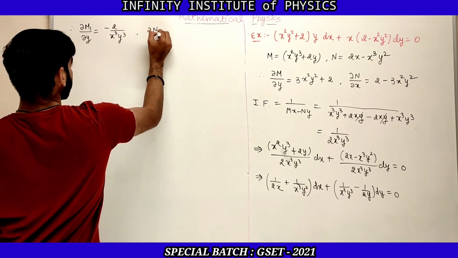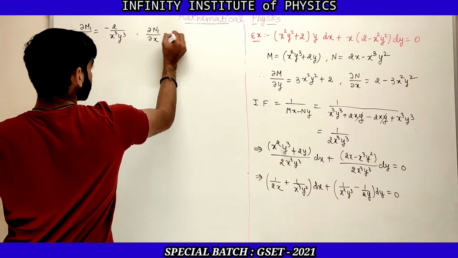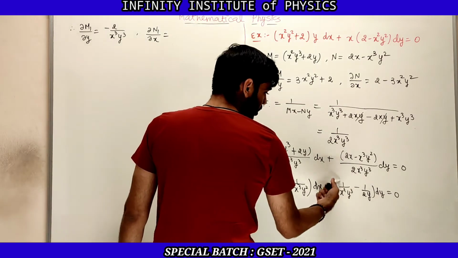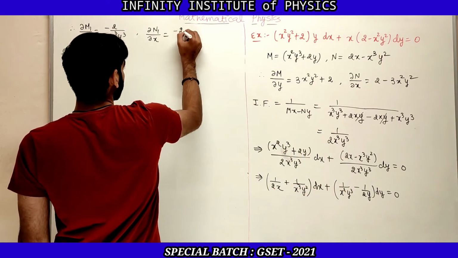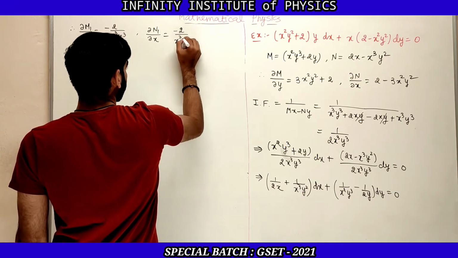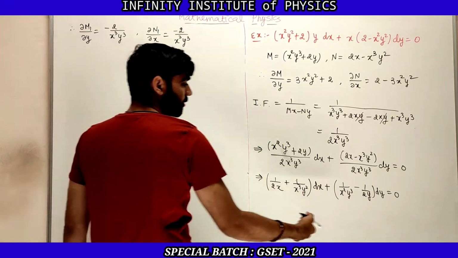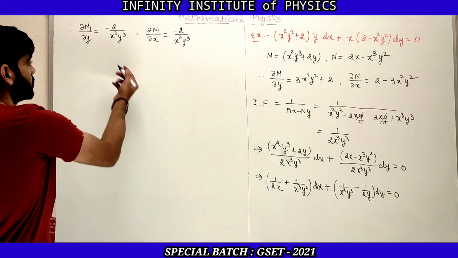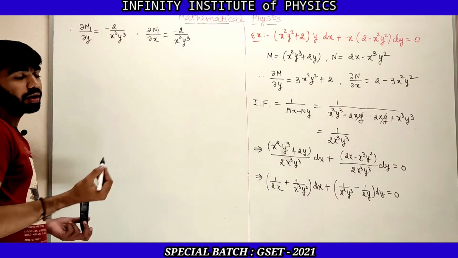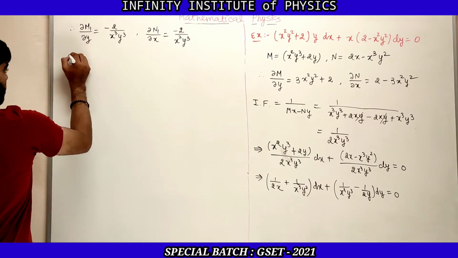For del n1 by del x, the differentiation of 1 by x square y cube will be minus 2 by x cube y cube, and the differentiation of minus 1 by 2y is 0. So these two are equal, and now we just need to find the solution.